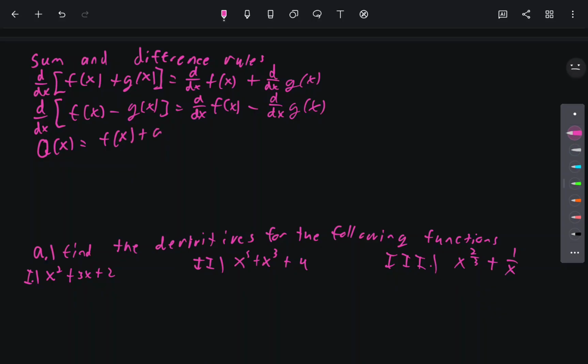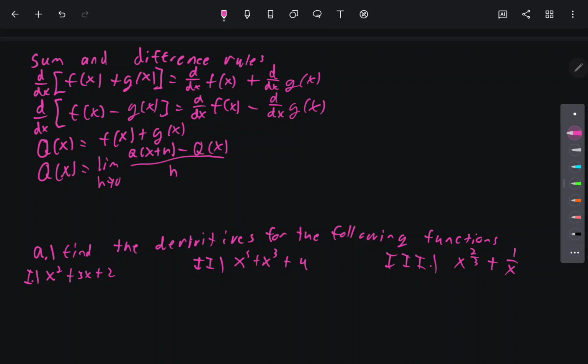All right. Now let's say I want to find the derivative of q of x. So once again, we always start out with our limit definition. So we have a limit as h approaches 0 of q of x plus h minus q of x all over h.